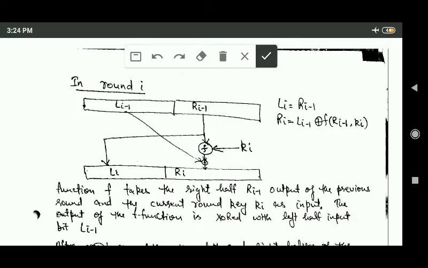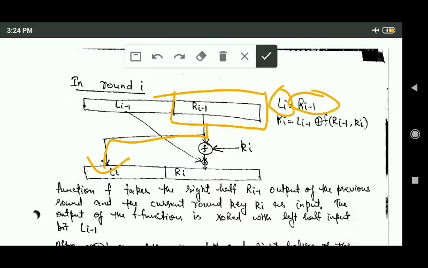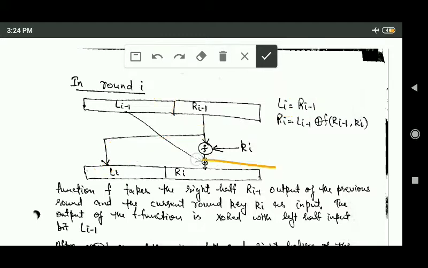Now let us see how the output is produced in round i of encryption. The right half of the input becomes the left half of the output. Now how is the right half of the output of round i produced?